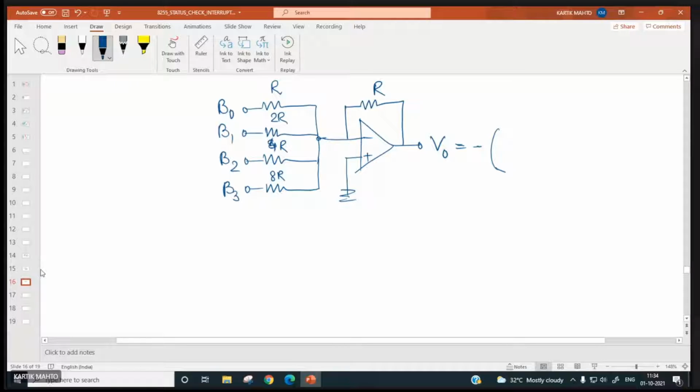So tell me whether I am going correct or wrong. I can get a DAC circuit. I think not. This I have to sequence, I have to change.